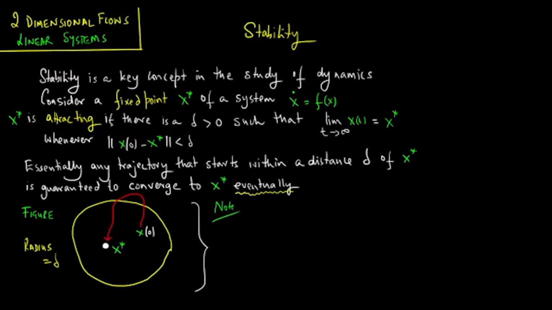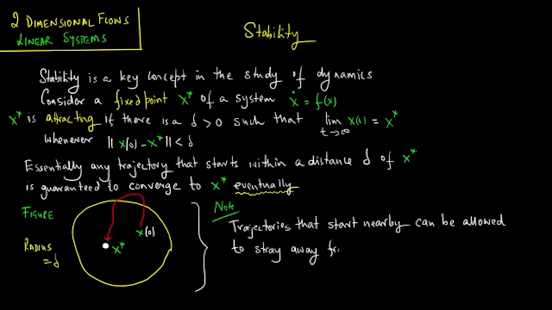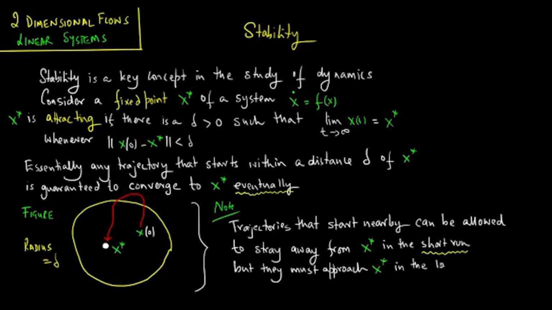Note that trajectories that start nearby can be allowed to stray away from x star in the short run, but they must approach x star in the long run. So this diagram exhibits an attracting fixed point.